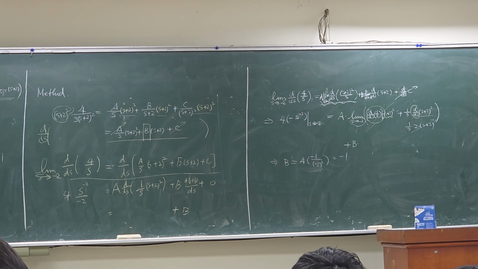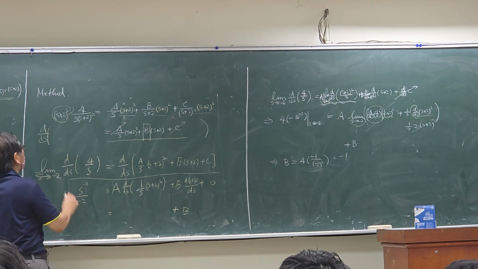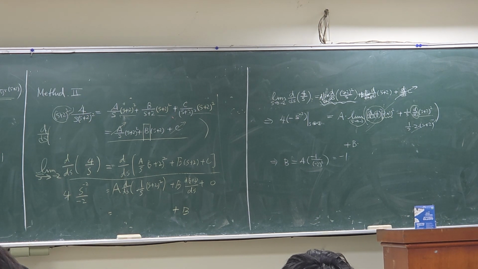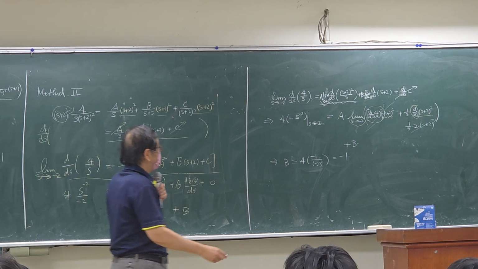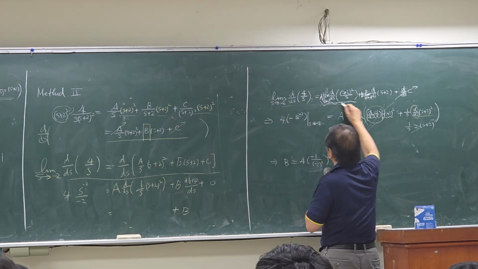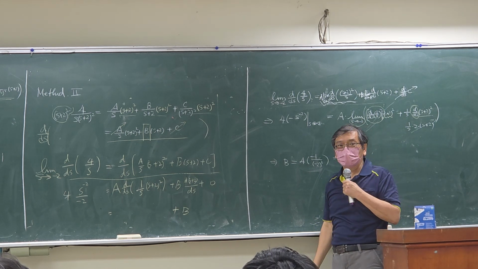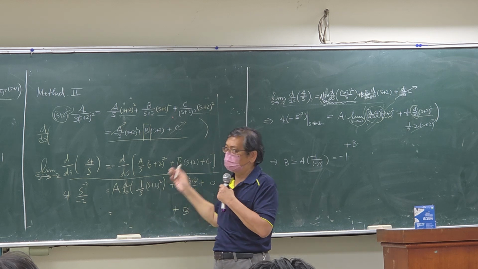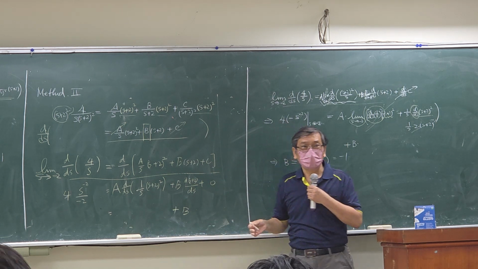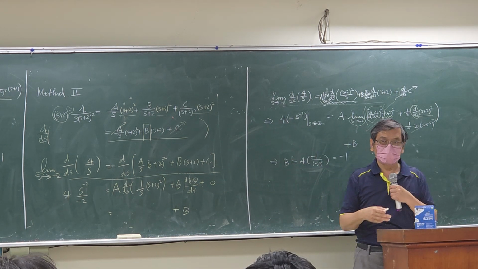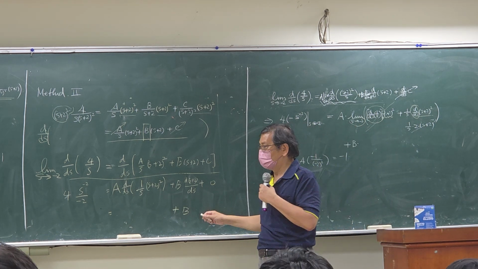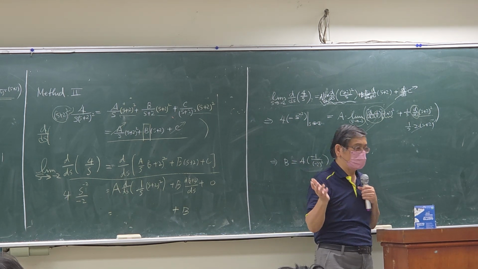Similarly, for this method, if you have a high order system, you have to compute those derivatives. So again, no free lunch. But those are methods. You may also find other methods from other papers or books. Any question for this one?